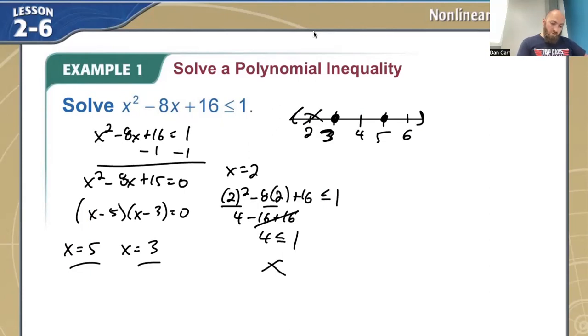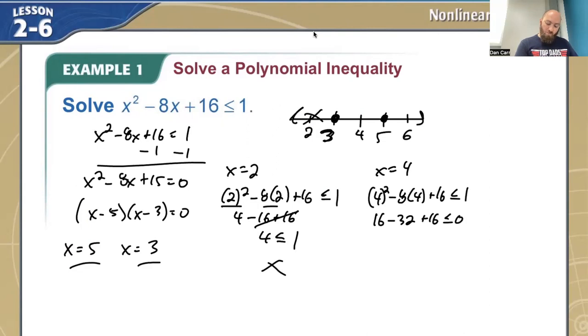No. So that's no good there. Let's go to 4. We have 4 squared minus 8 times 4 plus 16. Is that less than or equal to 1? It's 16 minus 32 plus 16. All combined, this will be 0 is less than or equal to 1, which does check out. So this one is good right there in the middle.